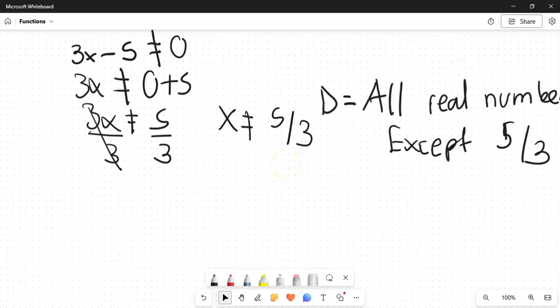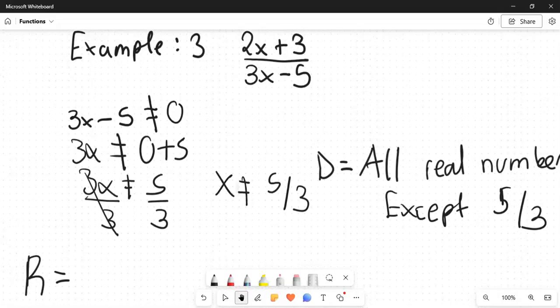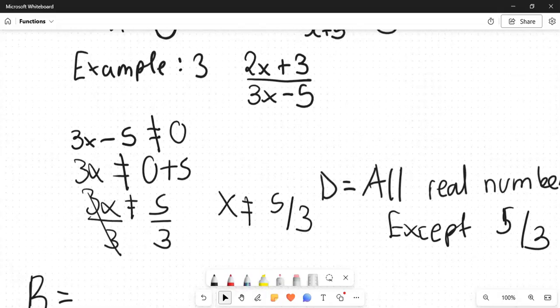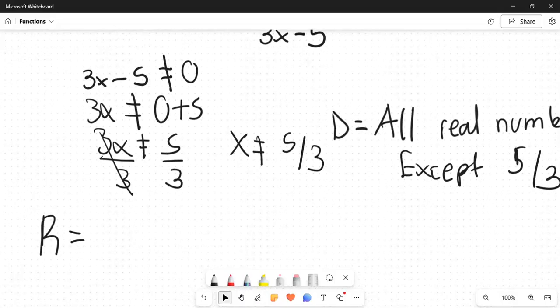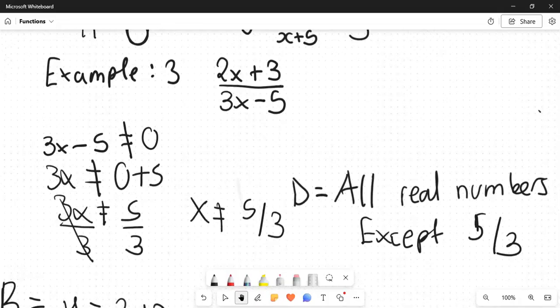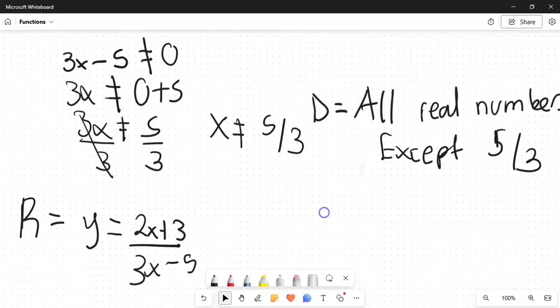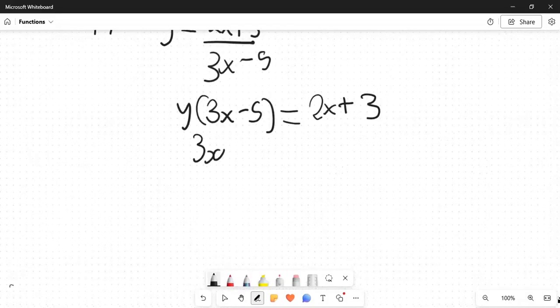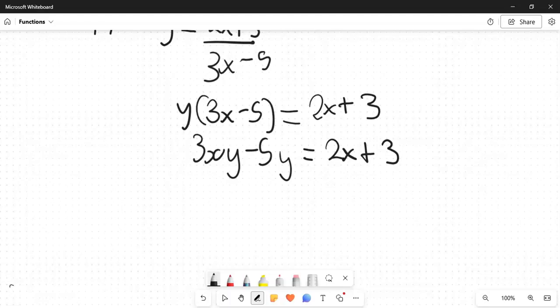So if we find the range right here, we've got to find the inverse of this equation. So in this case, you have to swap x and y. So x is equal to 2y plus 3 over 3y minus 5. So 3xy minus 5x is 2y plus 3.